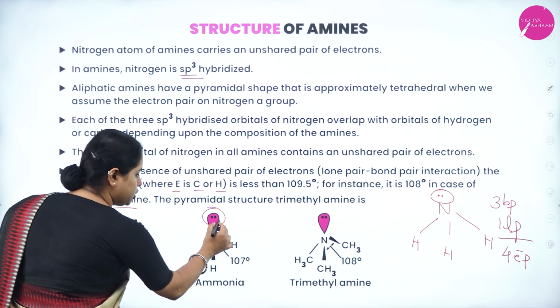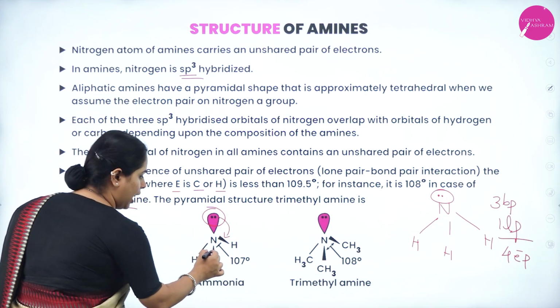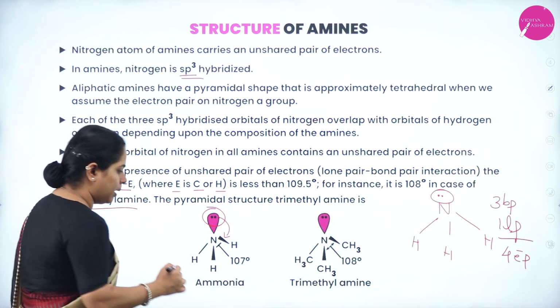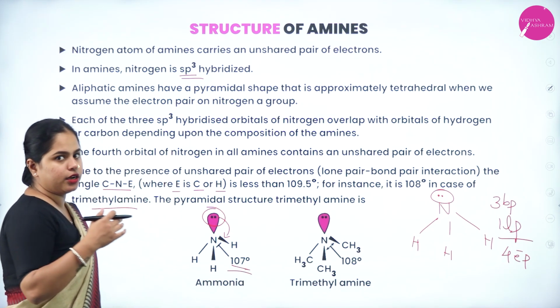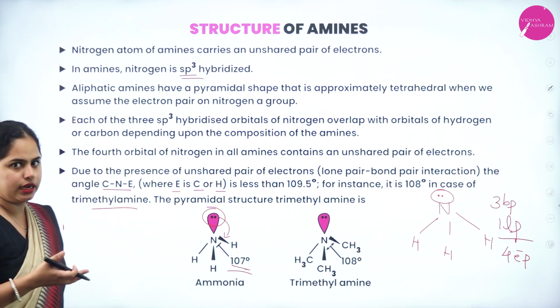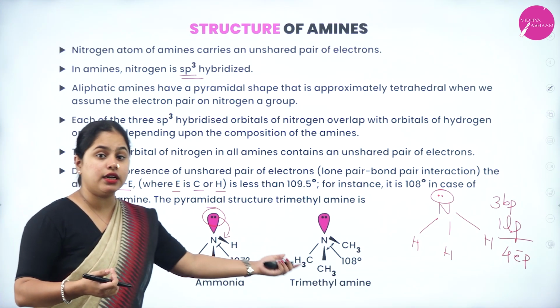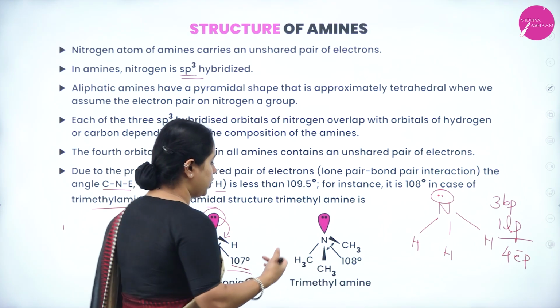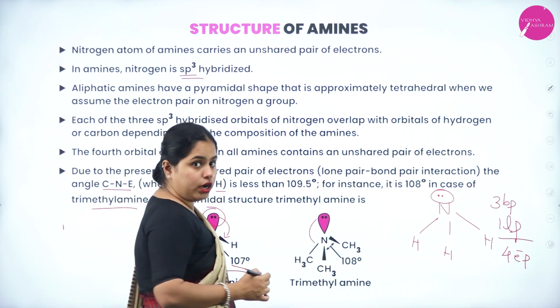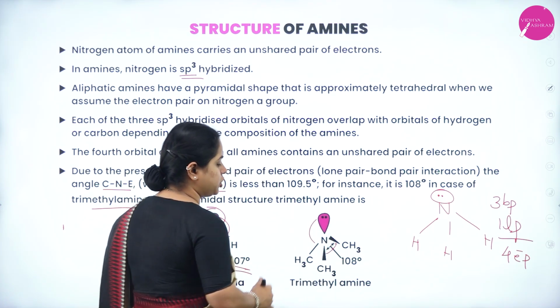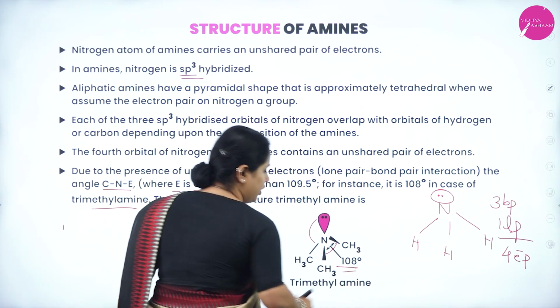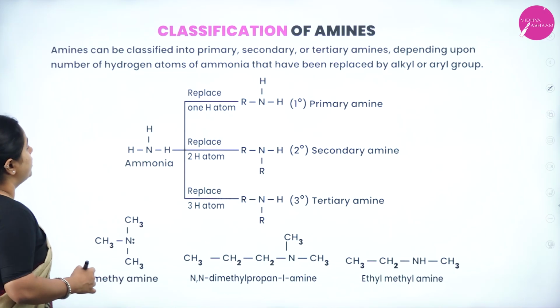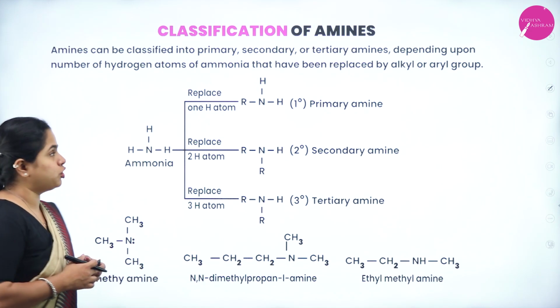But because of the repulsion between this lone pair and the bond pairs, the angle is already reduced to 107 degrees from 109 degrees. Right? And if you are considering trimethylamine also, this is also supposed to have a tetrahedral structure. But because of the lone pair-bond pair and bond pair-bond pair repulsions, the angle is reduced to 108 degrees. Clear? Right.